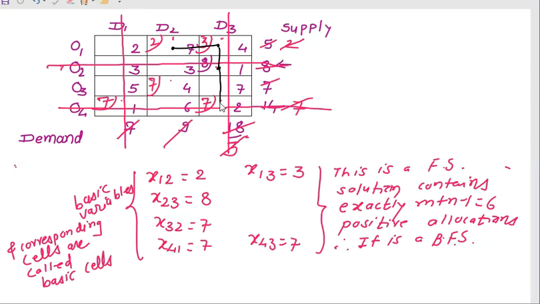Then this is a basic cell. First cell is a basic cell, and like this. So if we try to join these 6 basic cells or positive allocations using horizontal and vertical lines, a loop does not form. So it is a non-degenerate basic feasible solution. We say that these positive allocations are at independent positions, and it is a non-degenerate basic feasible solution.